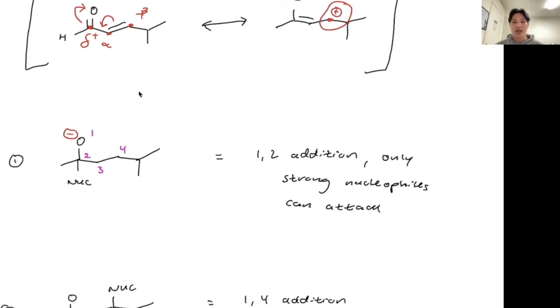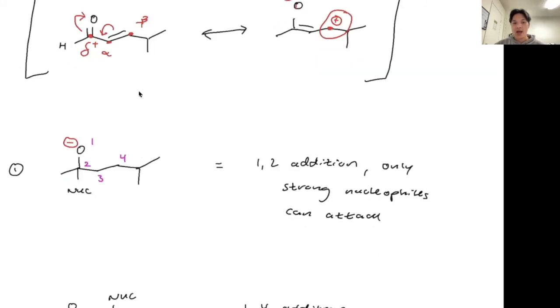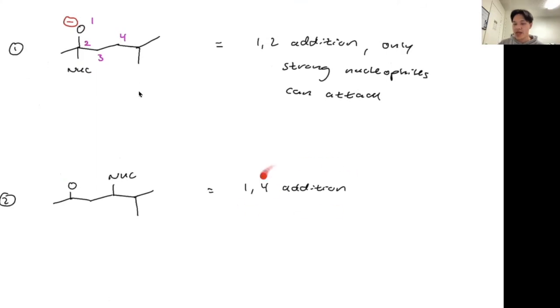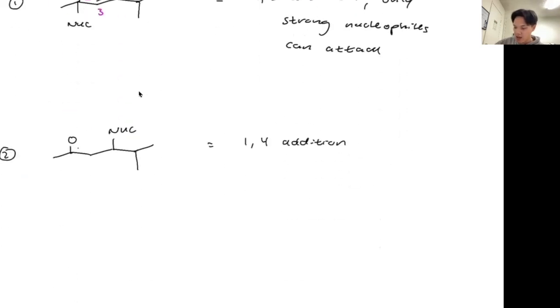But most likely, because of this fully positive charge over here, it's going to do a 1-4 addition, where if that happens, sorry, there should be this double bond here, and then this double bond here.